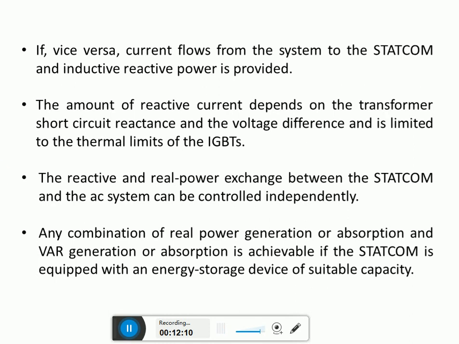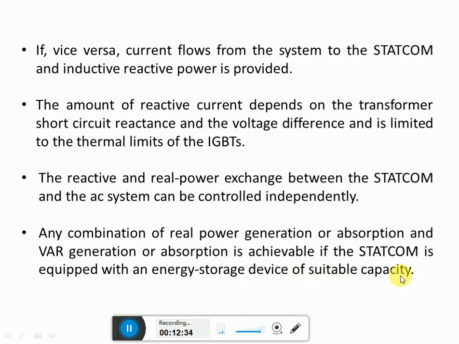So in the next slides, any combination of real and reactive power generation or absorption is possible using the STATCOM device if it is equipped with an energy storage device of suitable capacity.